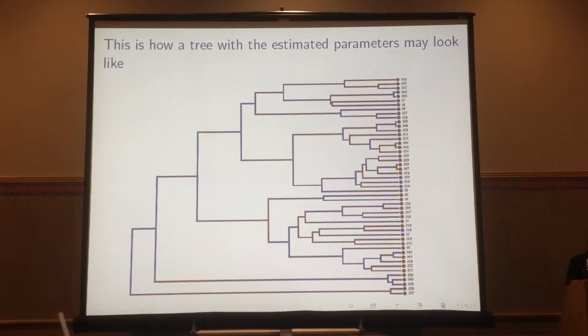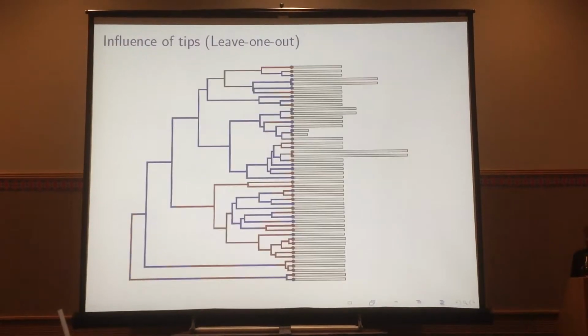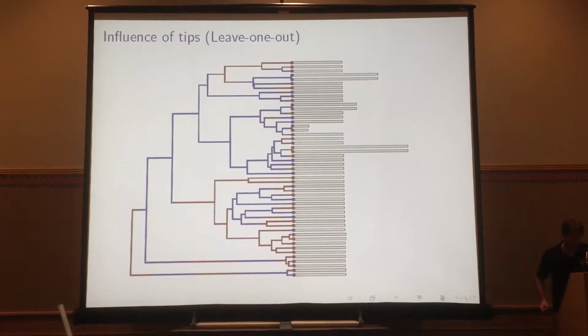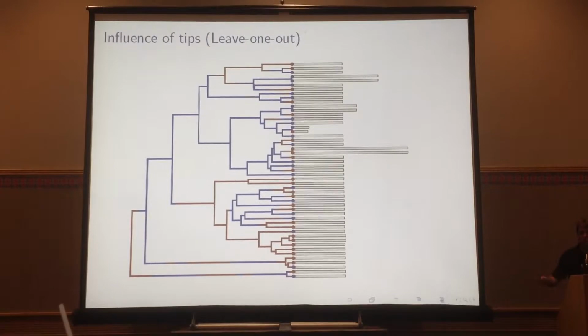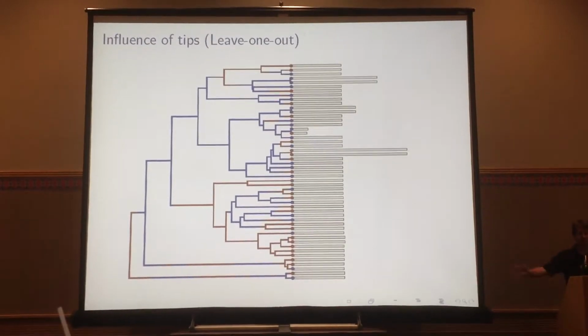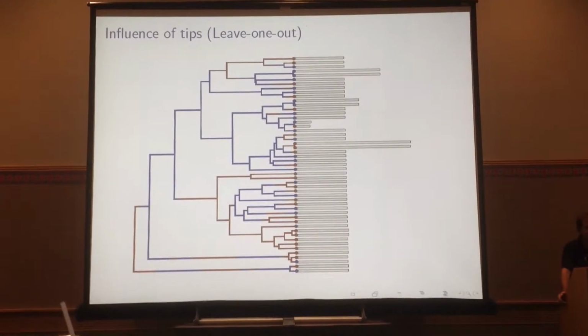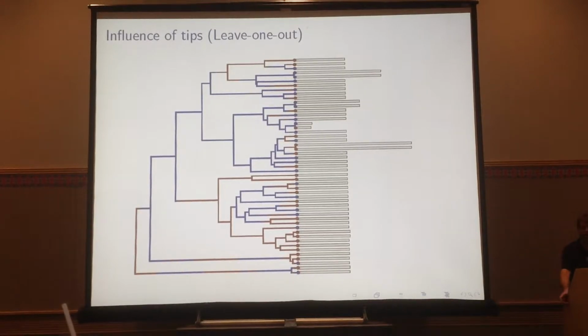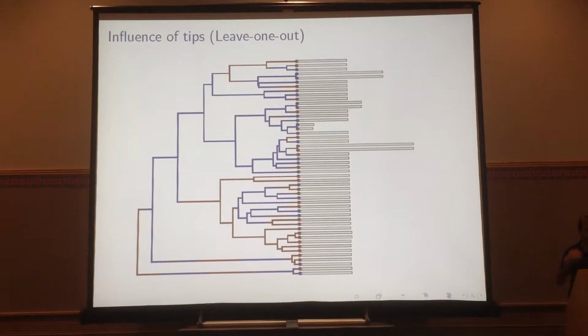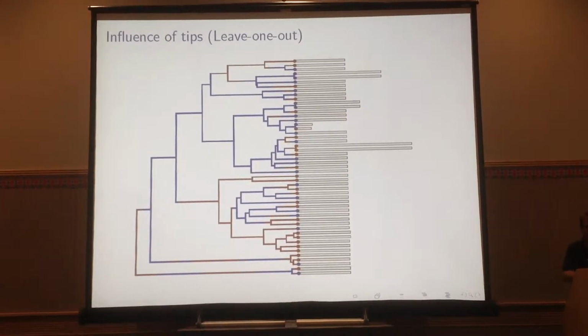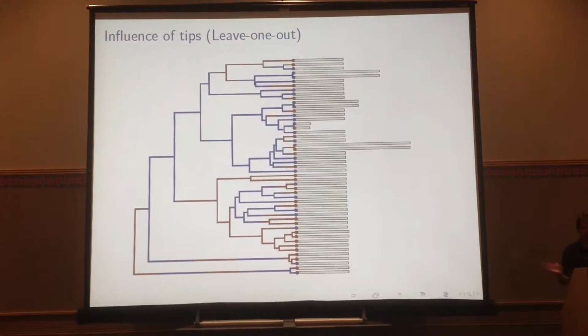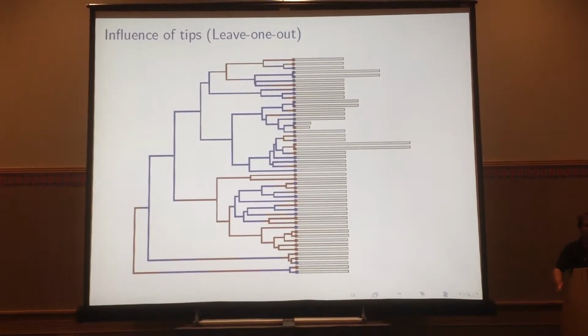To show this, we just made a so-called leave-one-out analysis. We have this tree with 50 taxa, and we just prune away one tip at a time and estimate the rates for this slightly smaller data set.